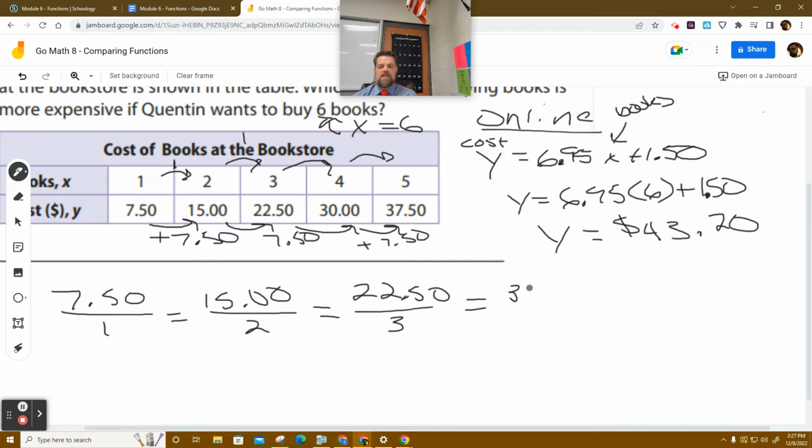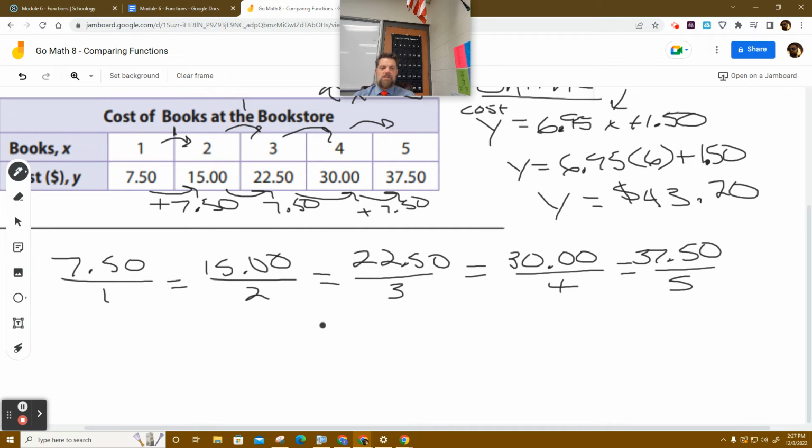What do you think 30 divided by 4 is? So what does that tell you about this thing? That this is proportional, isn't it? It's proportional. Well, then if it's proportional, this is the slope, right? So the slope m is 7.50.